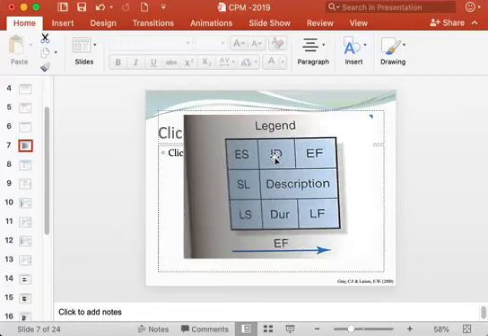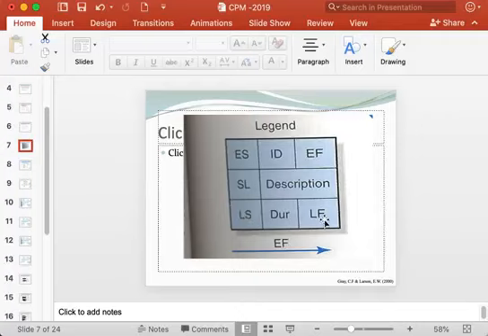You can see here ID, which refers to the identification number of a given activity. ES is representing the earliest start time. EF is representing earliest finish time. SL is representing slack, and LS is representing latest start time.